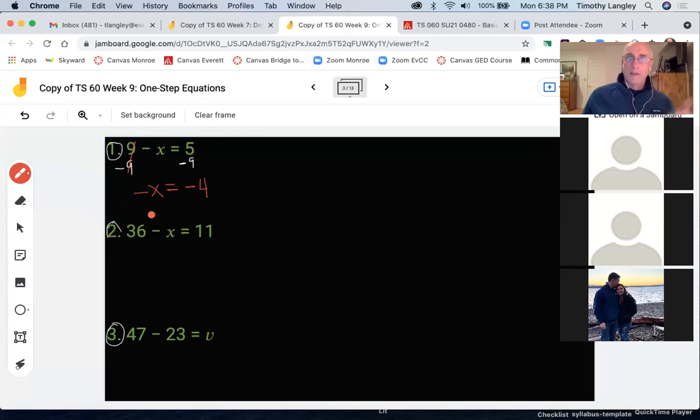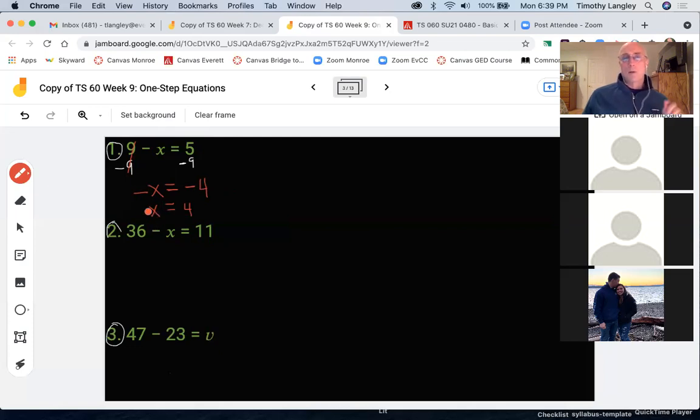And if I multiply it by -1, 1 times anything just keeps the number the same, right? But multiplying by a negative number would turn this into a positive x equals, and if I multiply this side by the -1, 4, okay? And this becomes a positive because a negative times a negative is a positive. All right. I know that went by you really fast, but you see how I got x equals 4? You can look at this and go, well, yeah, 9 minus 4 equals 5. Yeah, that must be right. You can kind of check your answer.